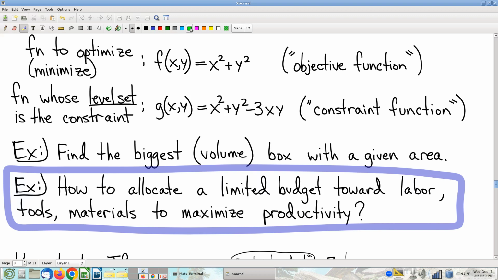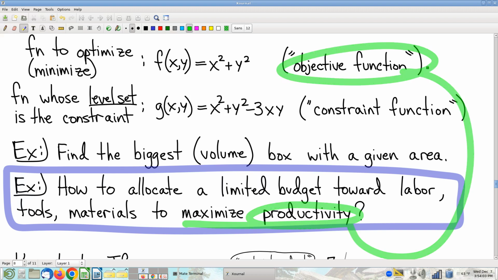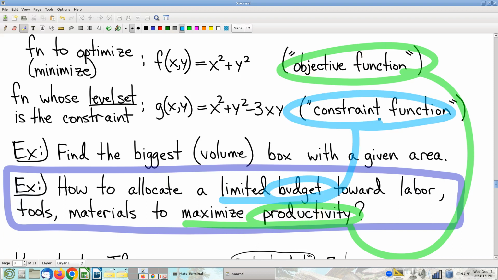What we're trying to optimize is productivity. We need to have some formula for that, of course, to proceed. But that's what we're trying to optimize, with the understanding that we have a limited budget. The budget, then, is our constraint function, because we have a fixed amount of money to work with. That make sense to everybody?